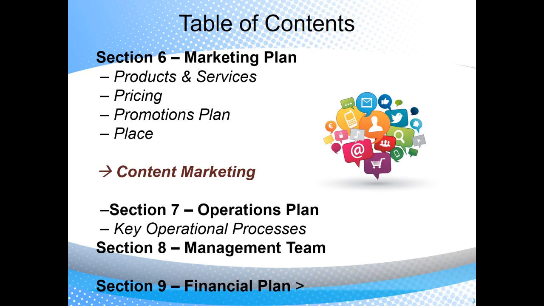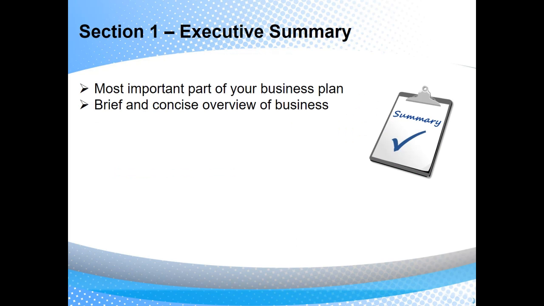So let's get a little closer at this table of contents and break it down a little bit. If you look at the executive summary, this is certainly the most important part of your business plan. It is a brief and concise overview of your business. Whoever is reading your business plan, usually banks, investors, or sponsors, would really have a summary here of your overall business. So a lot of banks would really focus on your executive summary.